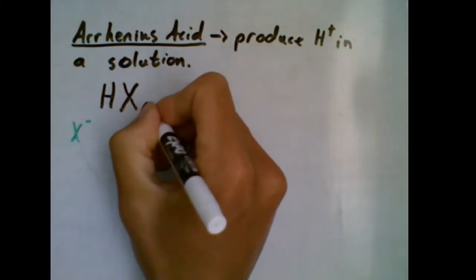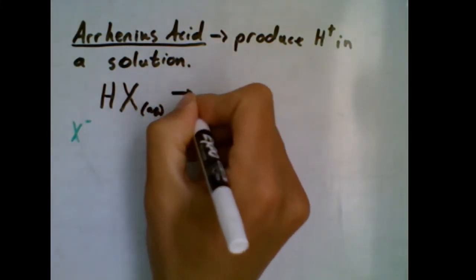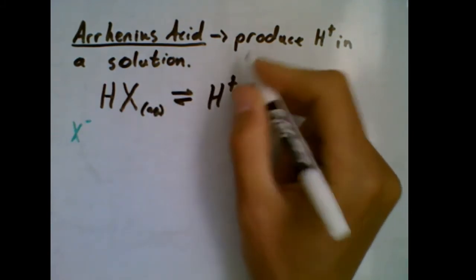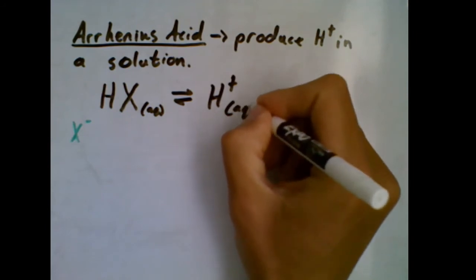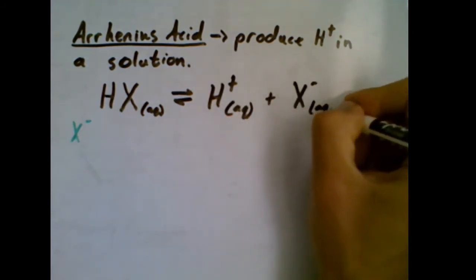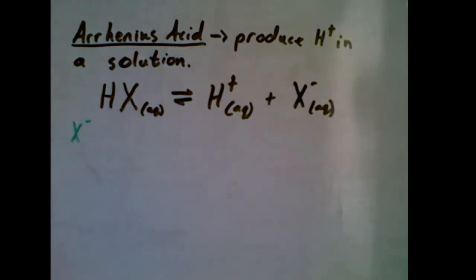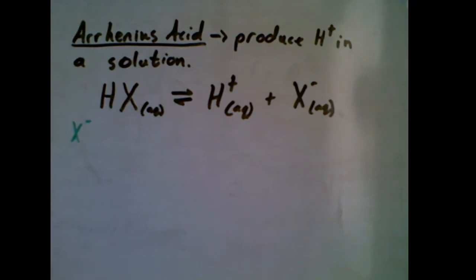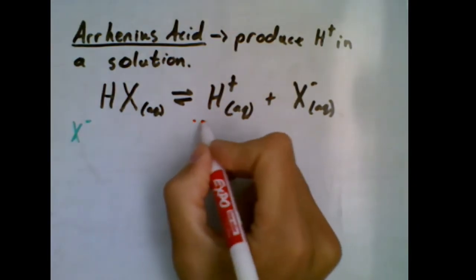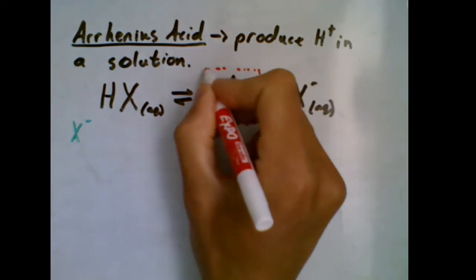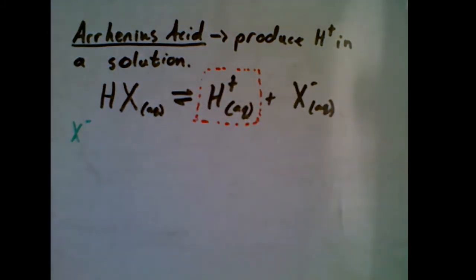That acid will break down in water to produce those hydrogen ions and whatever the negative part of that substance is. This is what, by definition, makes it an acid, according to the Arrhenius definition. That H+ being dissolved in the solution is how we get an acid.